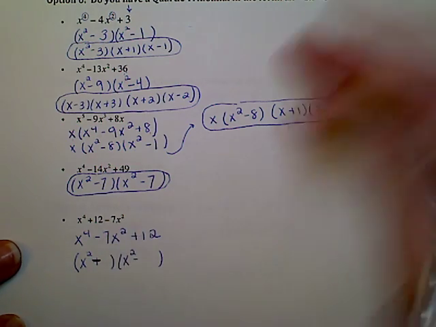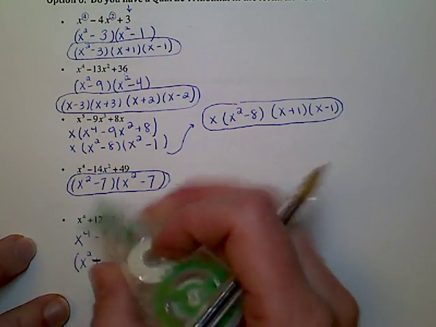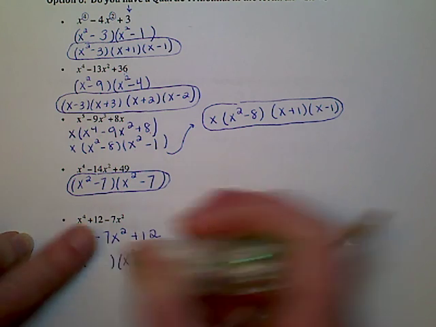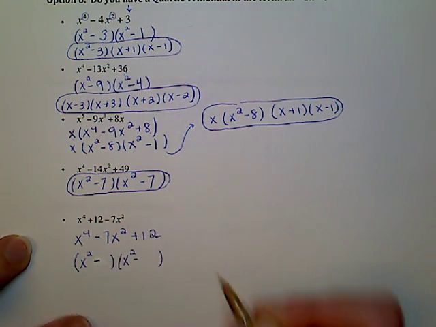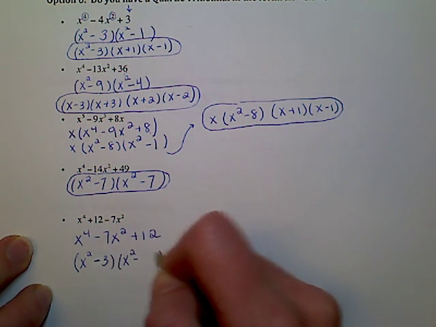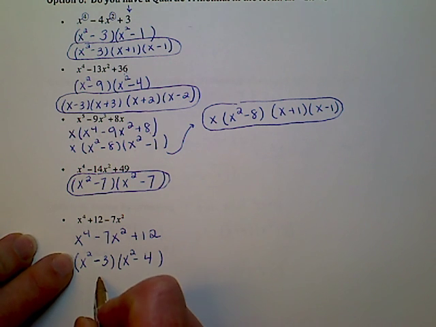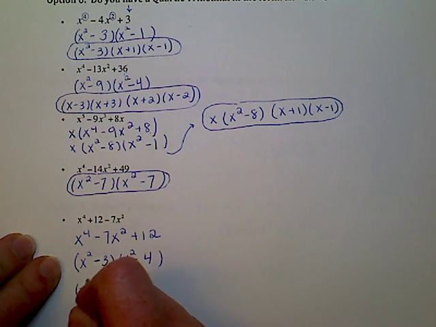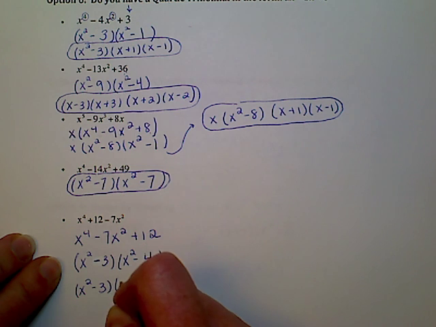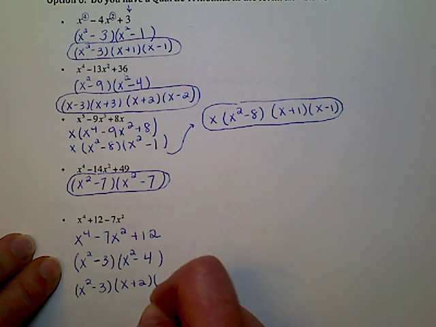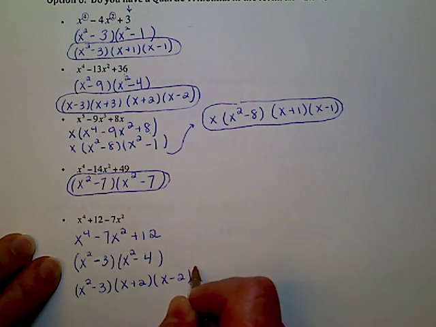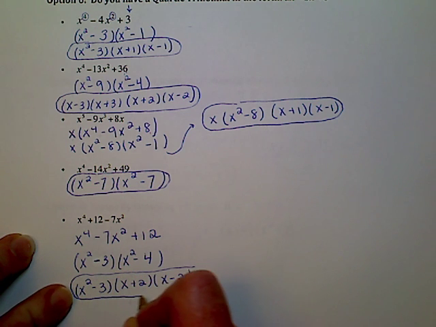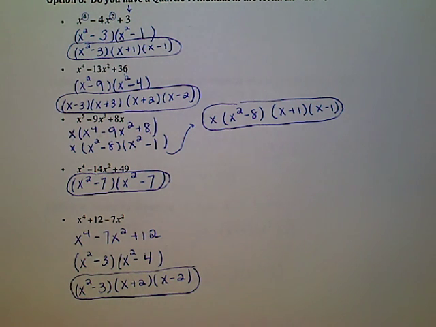Both of these should be a minus. Sorry about that. We have to multiply to a positive, add to a negative. There we go. So we want a minus 3 and a minus 4. X squared minus 3 is done, but x squared minus 4 factors into x plus 2 and x minus 2. Alright. And that is factoring in a nutshell for Chapter 7.